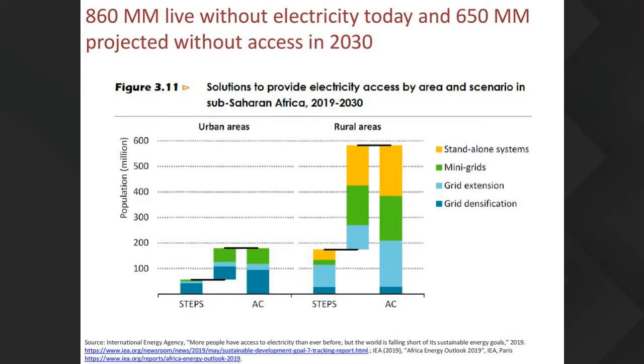still fall short. And some of these charts here show the STEPS IEA scenario, which is what we anticipate areas that will be provided with electricity, and this AC scenario is what's needed. And you can kind of see in this waterfall chart, there's really a big gap between what we're planning to do and what we expect to do and what we need to do to address universal energy access.